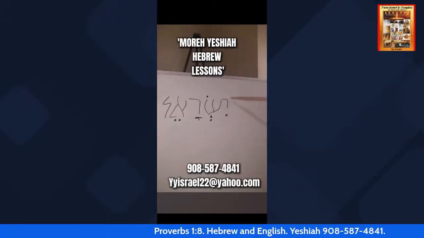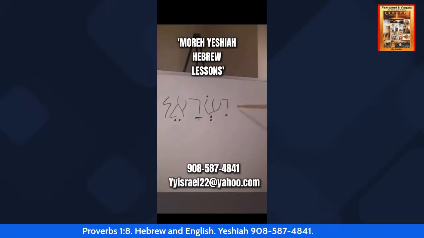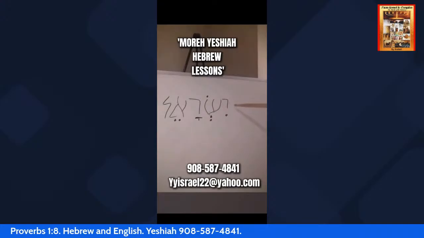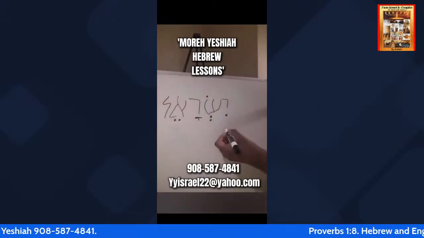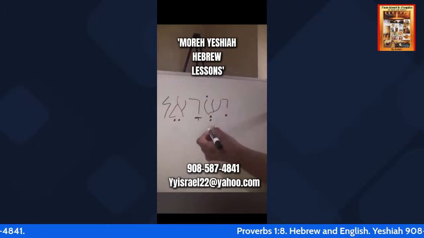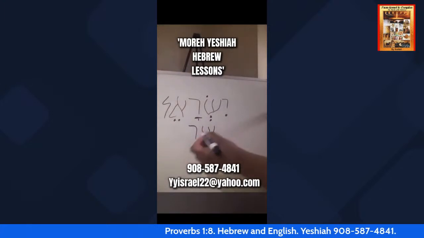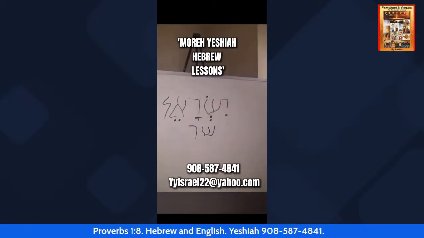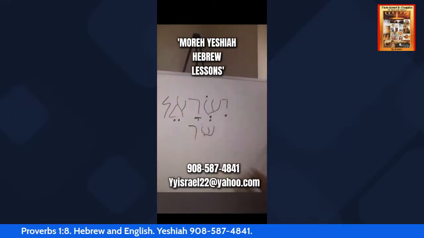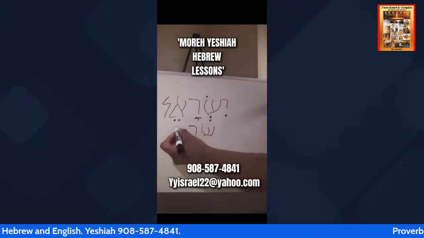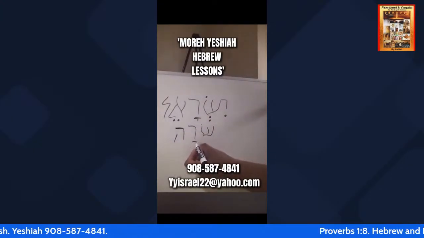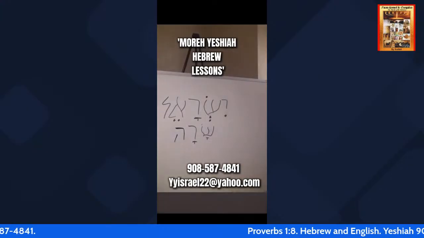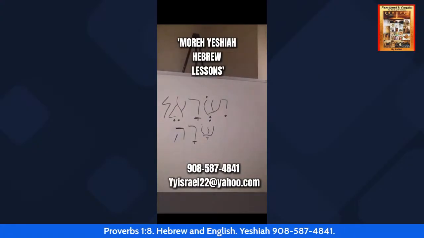This Yod that you see right here, making a Y sound, serves as a prefix. If you were to just say the Sin and the Resh, it comes from the root word Sarah. The word Sarah in Hebrew means to contend. So we want to point that out for reference purposes.